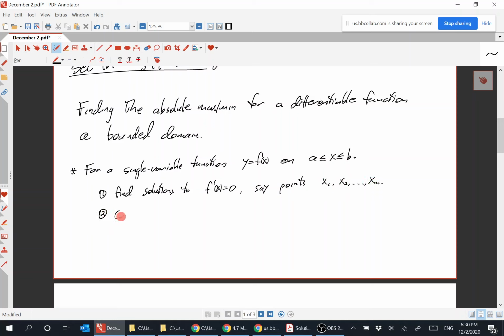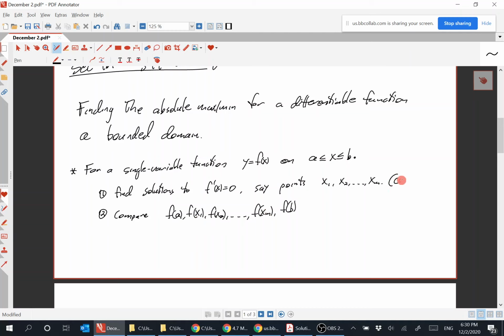Step 2, compare f of a, the endpoint, f of x1, f of x2, f of xm, and f of b. So test f on the endpoints and the critical points.